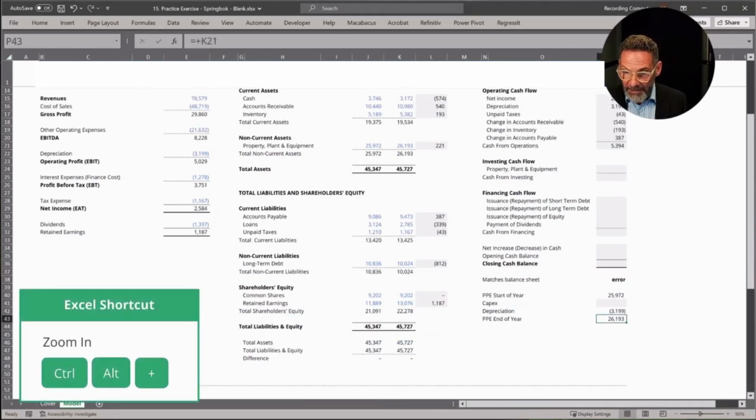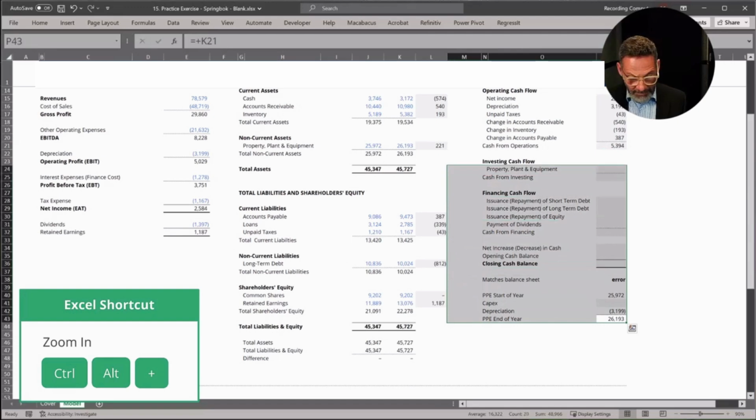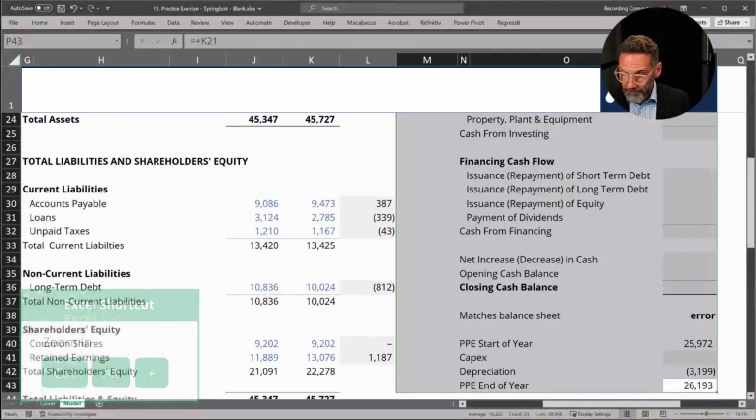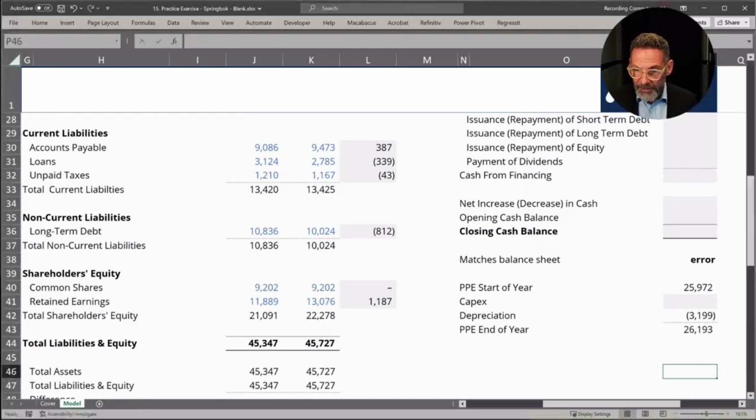Now we're going to do the same thing with our PP&E. I'm going to zoom in here so we can see the balance. We know that the PP&E at the end of the year was 26193. We know the depreciation. We know the PP&E at the start of the year. And so we're going to use the same formula: end of year minus depreciation, really add back depreciation, minus the opening balance.